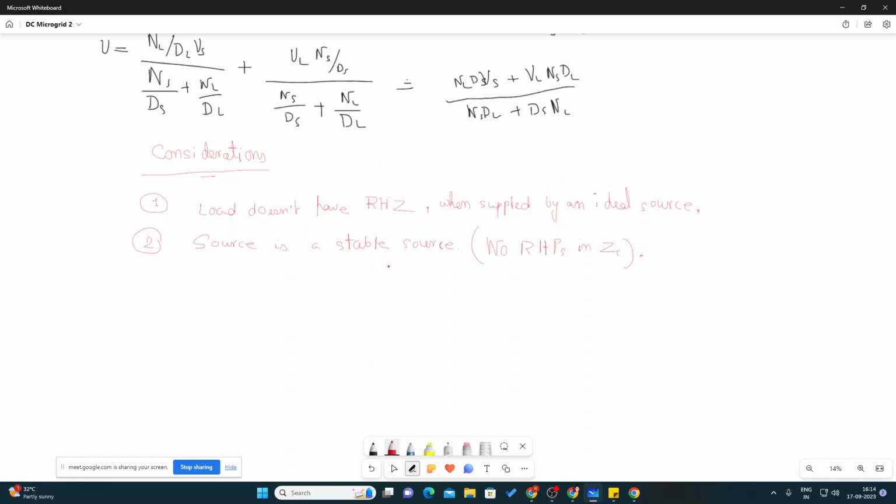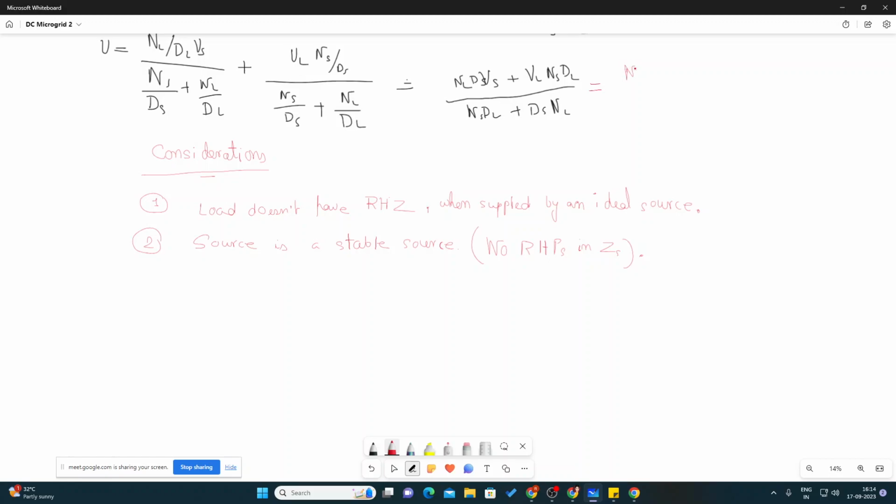Once we know that the load doesn't have a right half zero, NL has no right half zeros. And since the source is a stable source, we don't have a right half pole in ZS, which means DS again has no right half element.